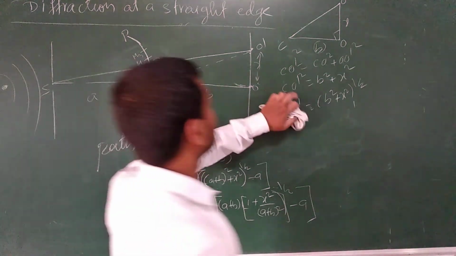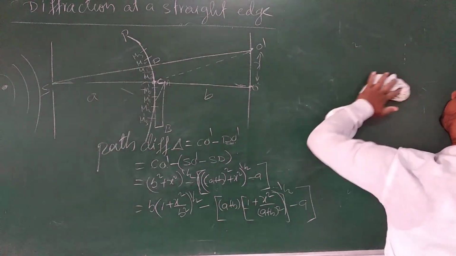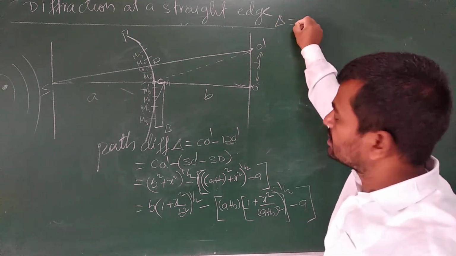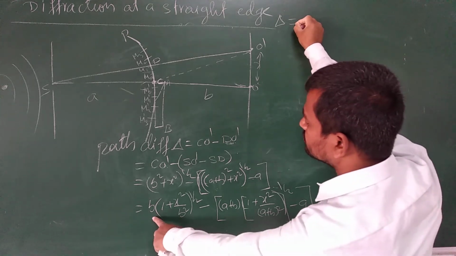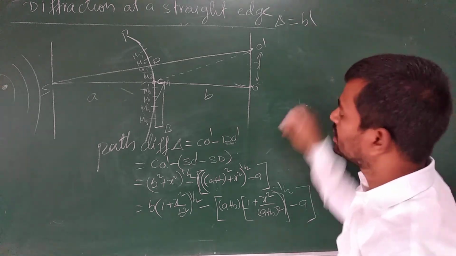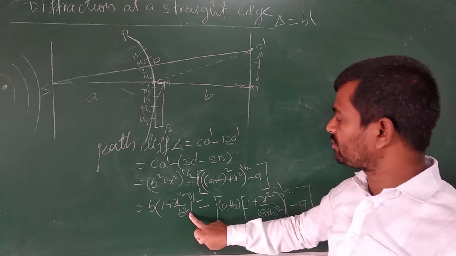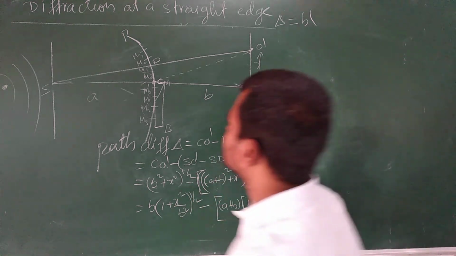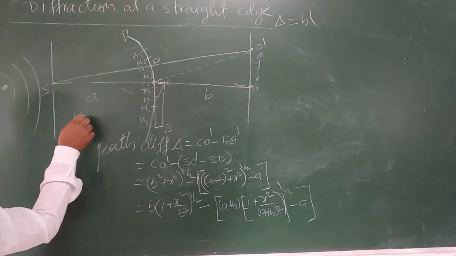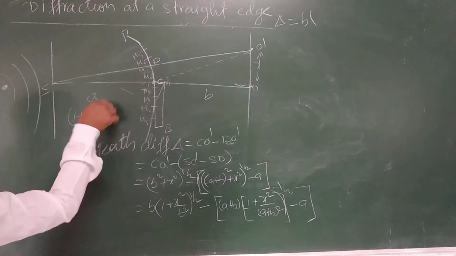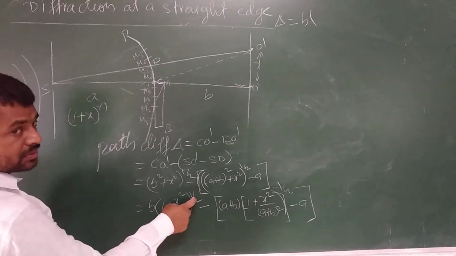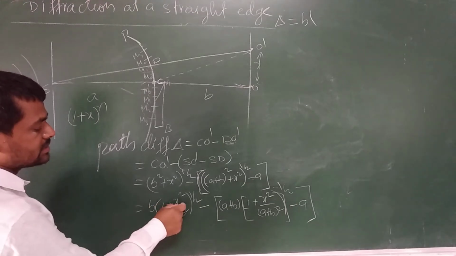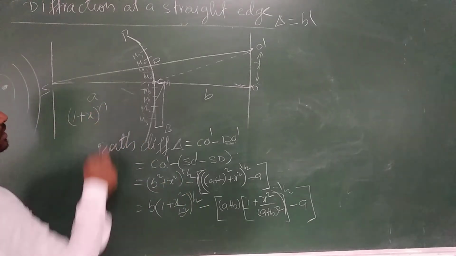Now write it upside. Path difference delta is equals B into 1 plus X square by B square. Take it as X. How? Consider it as 1 plus X power n.